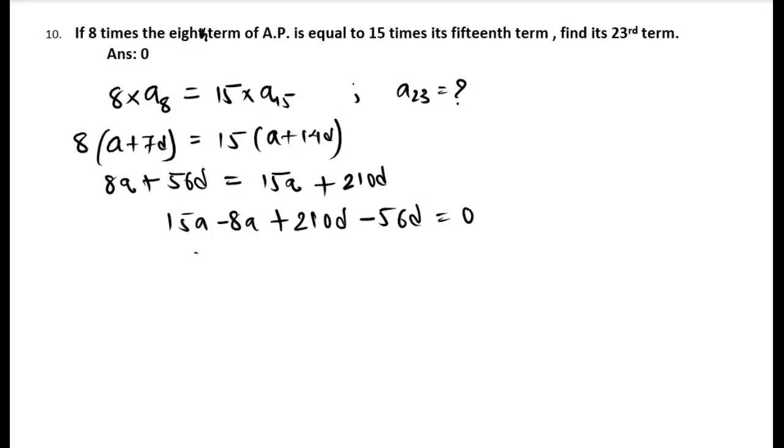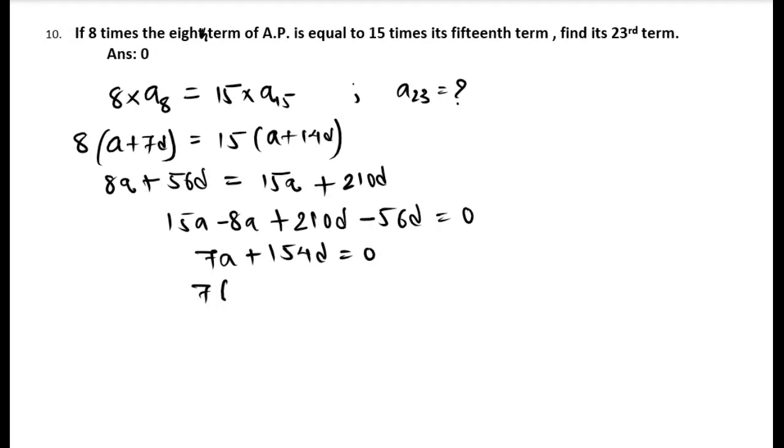So if you solve this, 15a minus 8a will be 7a, and 210d minus 56d will be plus 154d.